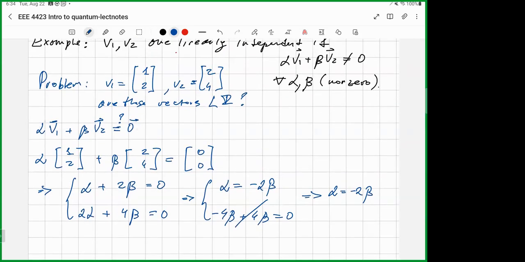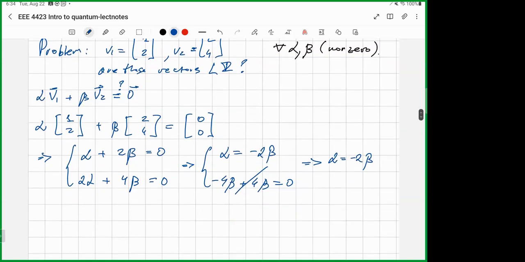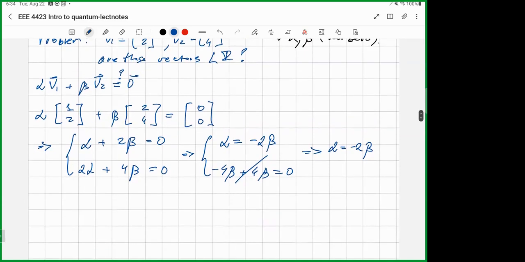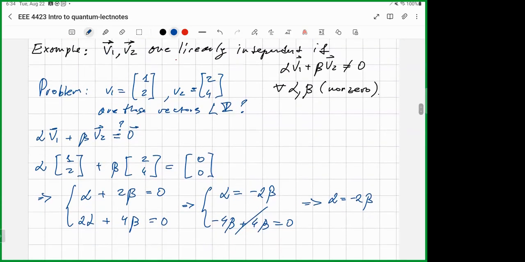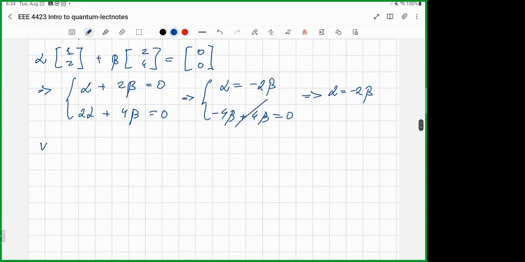So alpha v1 plus beta v2 equals 0, which means that these two vectors v1 and v2 are linearly dependent.